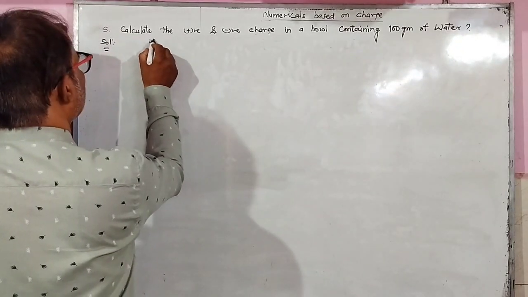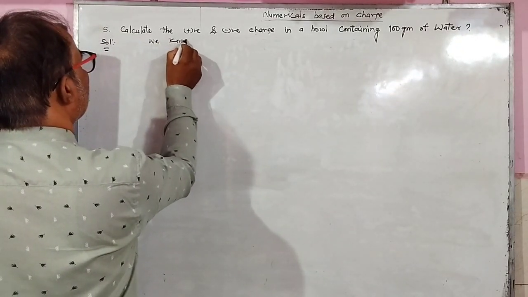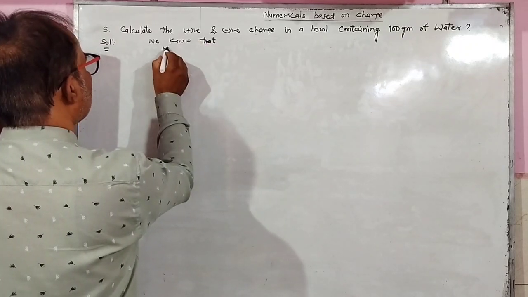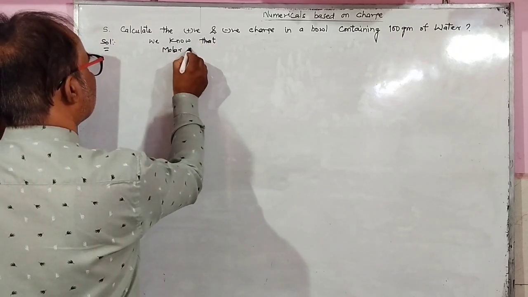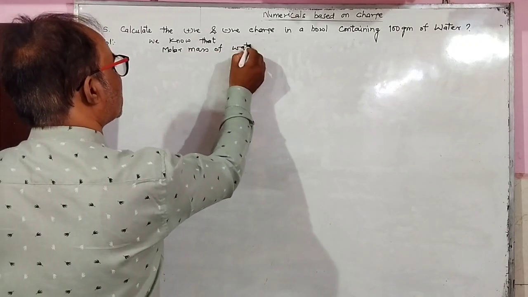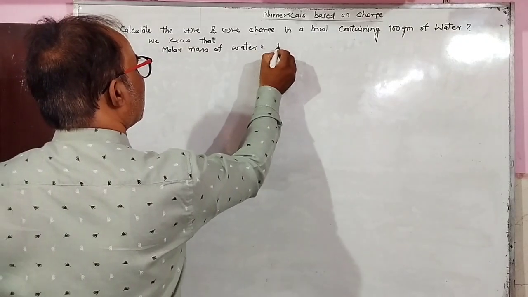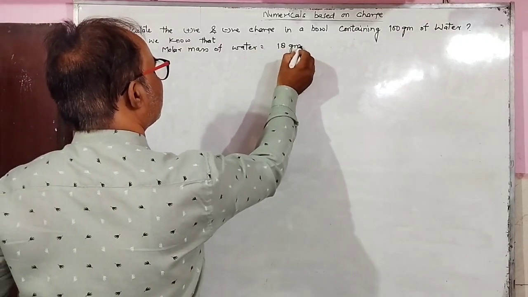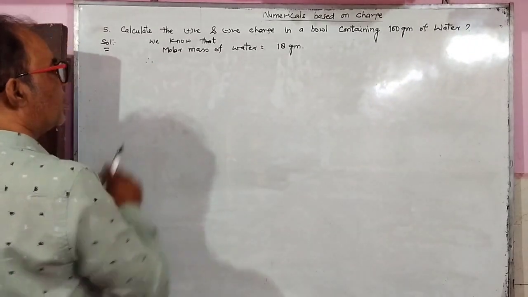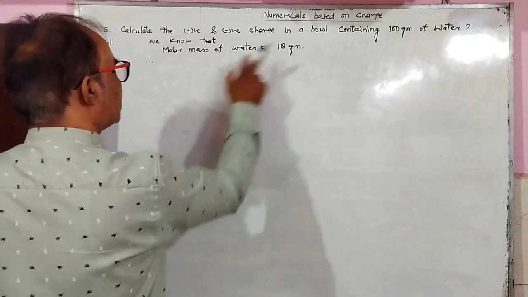We know that molar mass of water is 18 gram.